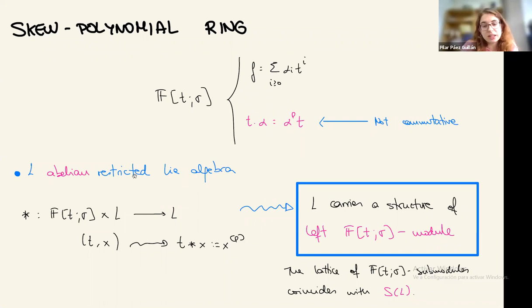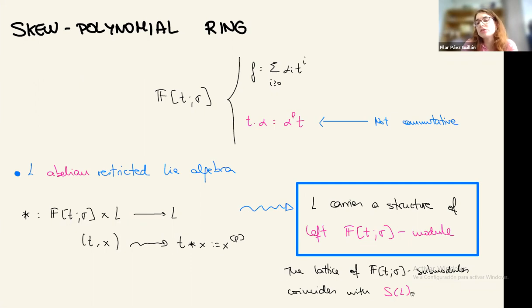And each time that I have an abelian restricted Lie algebra, I have this extra structure of left module over this skew polynomial ring. And what is most interesting is that the lattice of restricted submodules, considering L as a module, is the same as the lattice of restricted subalgebras.